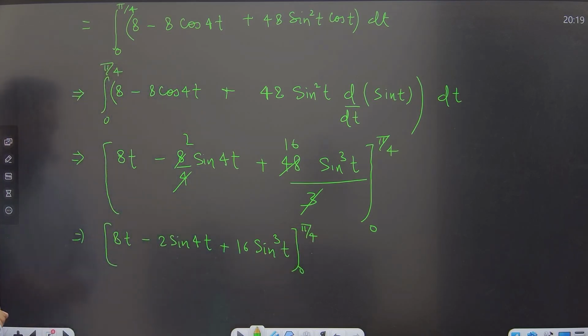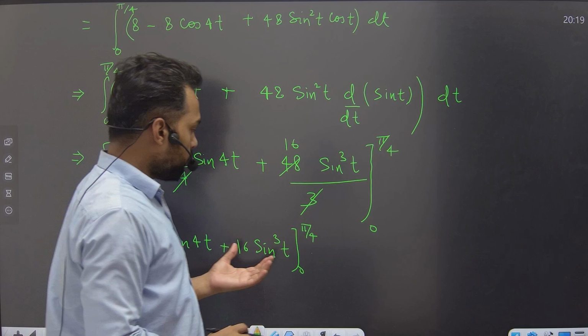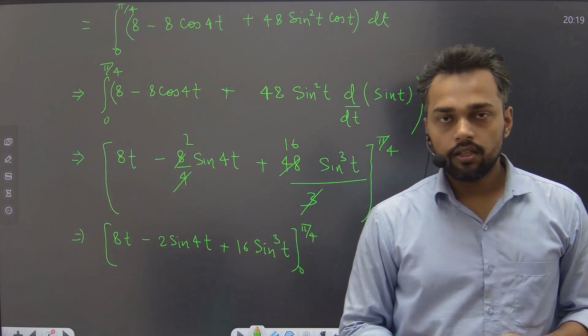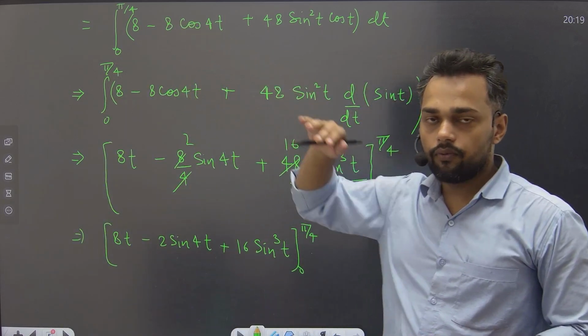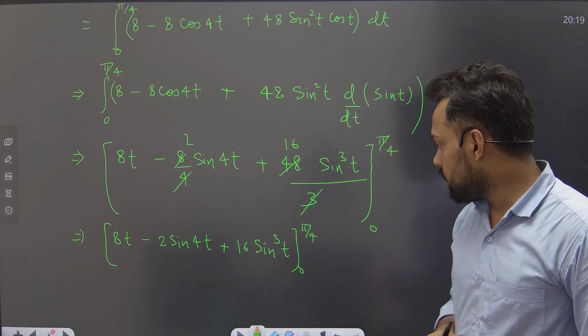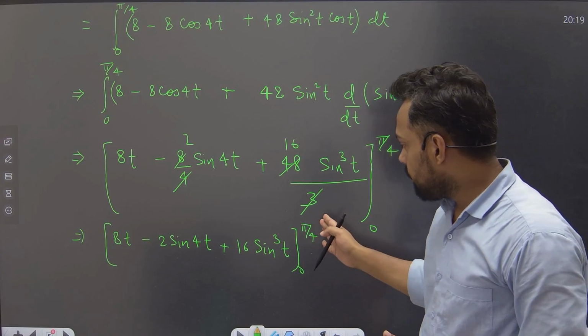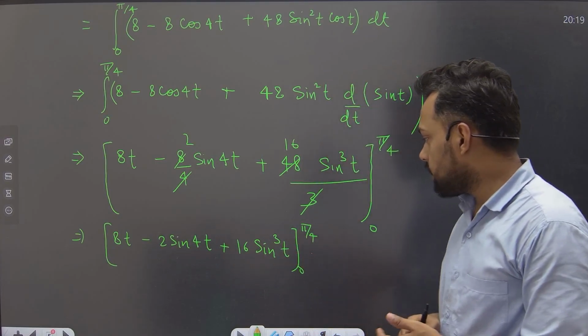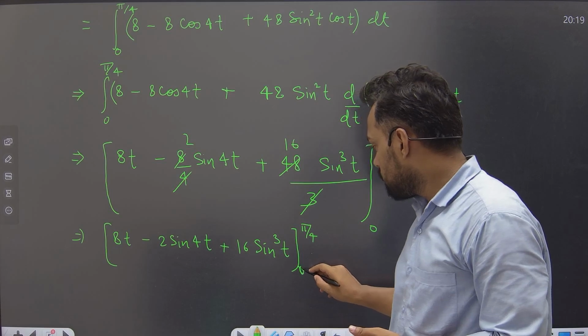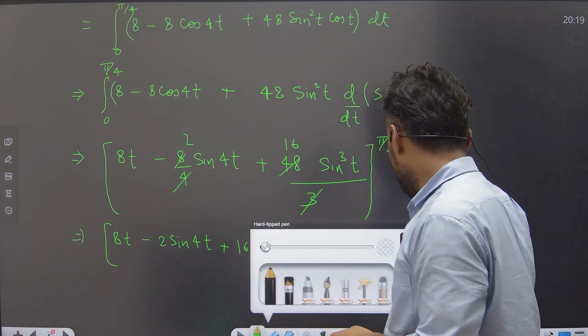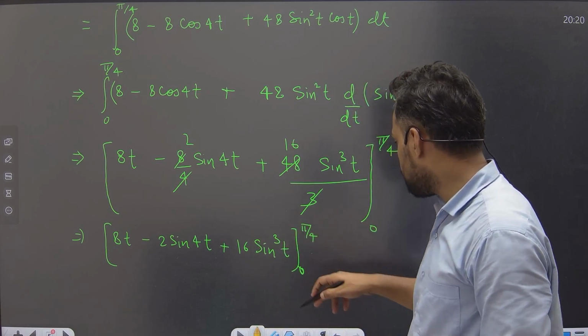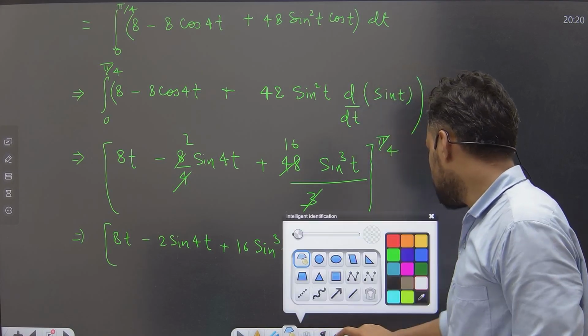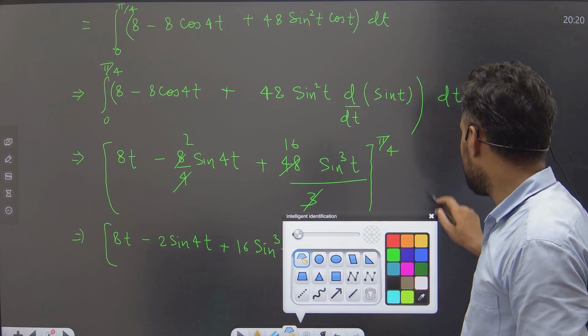How to expand this part, integration part? We know that we will be keeping the upper limit negative of lower limit. So I'm plugging the value of pi by 4 in this part and 0. First we'll be plugging the value of pi by 4.